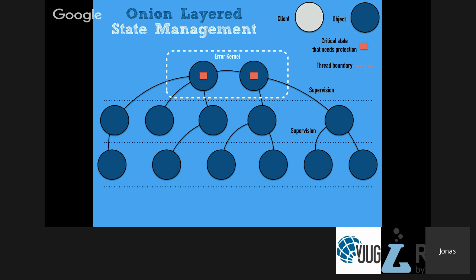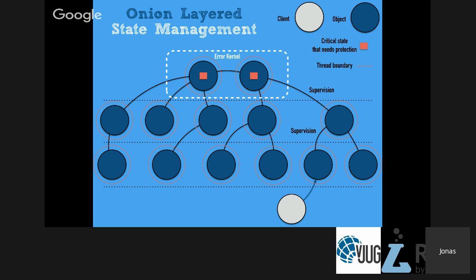Now, if a client comes in and makes a request to one of these bottom ones or top ones, depending on how you turn this thing around, the important thing is that the thread boundary is isolated to each component. Each of these components lives in its own isolated boundary. This means there's no such thing as blowing the stack all the way up to the user that used the component. Instead, failure can be contained within this component.